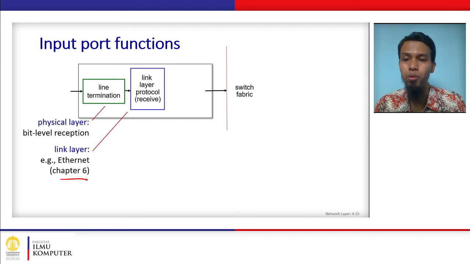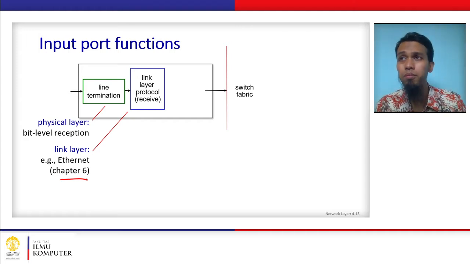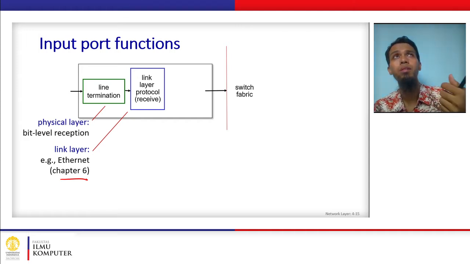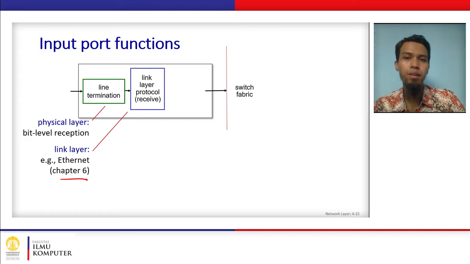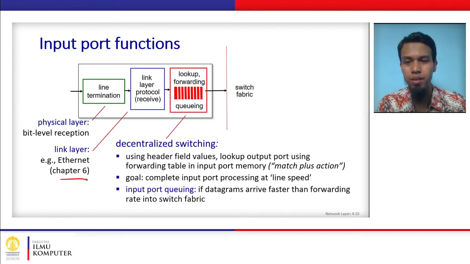For example, with Ethernet, it checks whether the destination MAC address is correct, takes out the link layer header, and then goes up to the network layer. In the network layer, basically there is queuing.